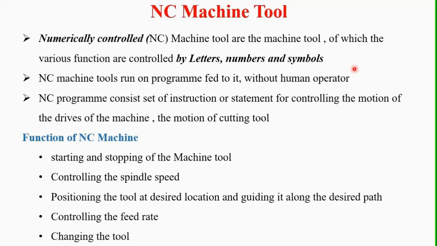It is a defined method of programmable automation in which various functions of the machine tools are controlled by numbers, symbols and letters. So numerically controlled machines, NC machine tools, are machines where letters, numbers and symbols are used to control the various functions of the machine.